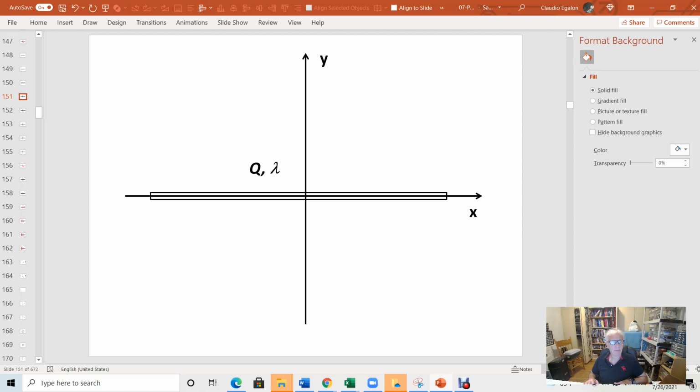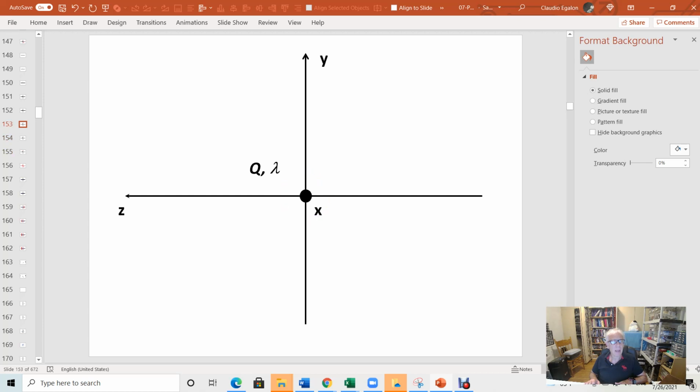So I'm going to define to you what lambda is, but let's say we have a charge Q, very long wire, by the way. Okay? If you look along the axis of the wire, you look at something like that. And let's say that the charge is positive, right?